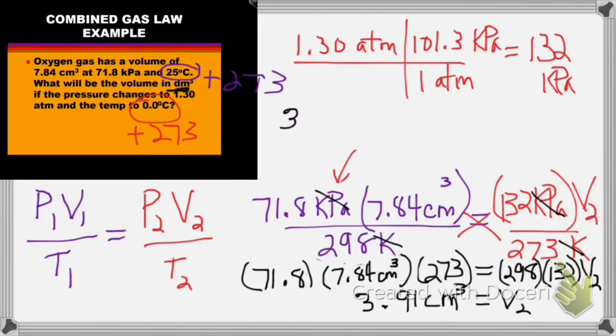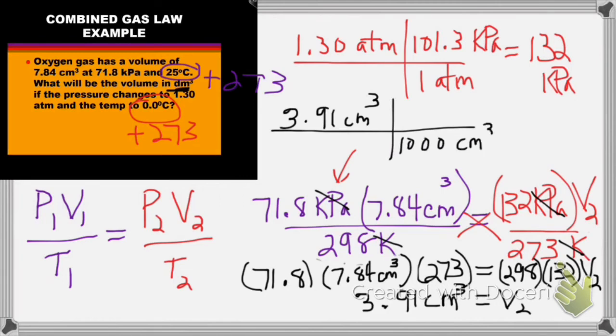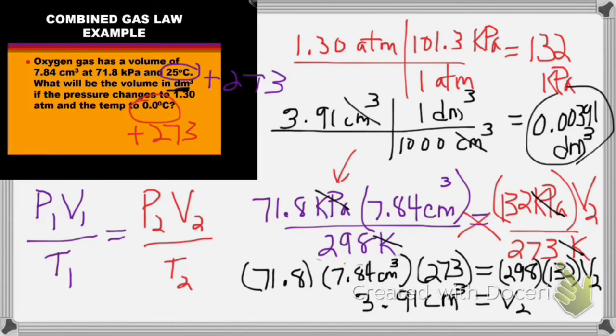So our final conversion, 3.91 centimeters cubed. And a reminder, there are 1,000 centimeters cubed in a decimeter cubed. So we're really just moving our decimal 3 places to the left, and we get 0.00391 decimeters cubed. That's our final answer.